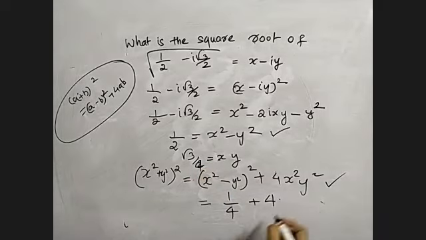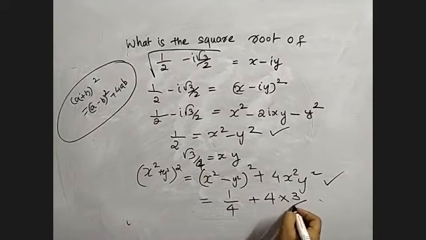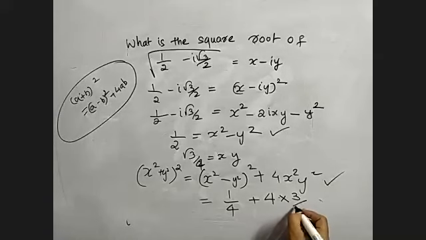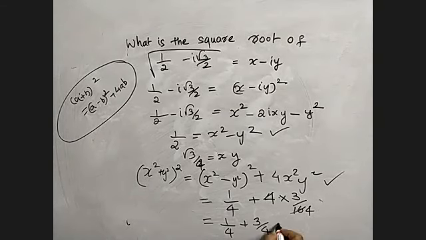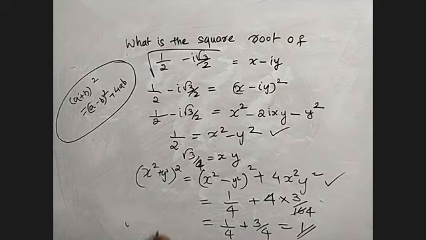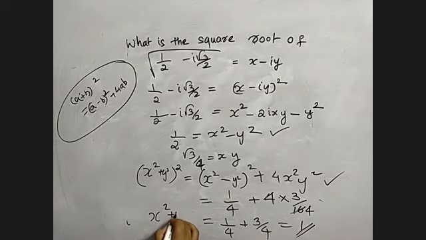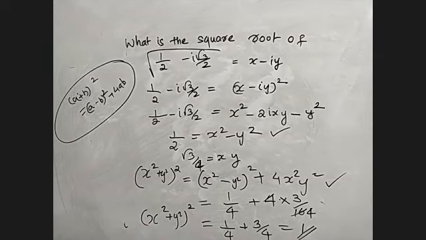So on squaring I'll get 3 by 16. So I'll have 4. So I'll get 1 by 4 plus 3 by 4. So that is 1. So x square plus y square the whole square I'll get as 1.